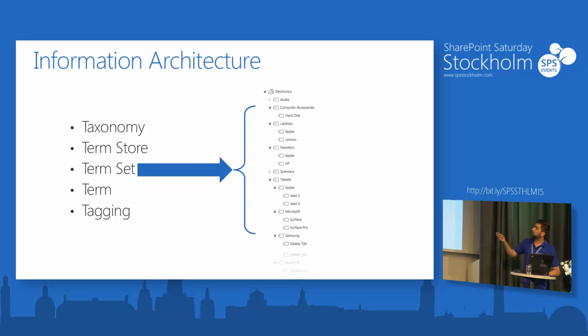Let's say all these taxonomy term sources are mapped into the taxonomy that is suited to this company. For example, you see here the term set name is Electronics, so we have all the related terms within that. We define the information architecture that they could use within their portal and to implement the managed metadata there.